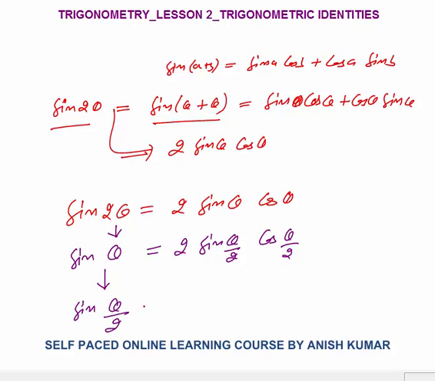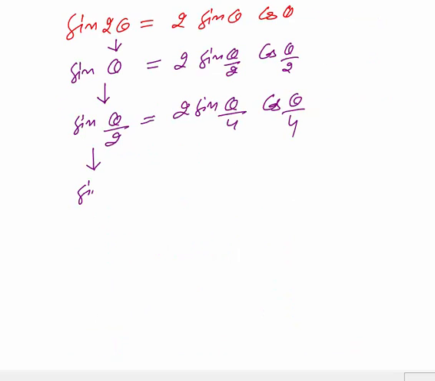Sine theta by 2 equals 2 sine theta by 4 cos theta by 4. If this angle becomes sine 4 theta, twice of this, it will be 2 sine 2 theta cos 2 theta.